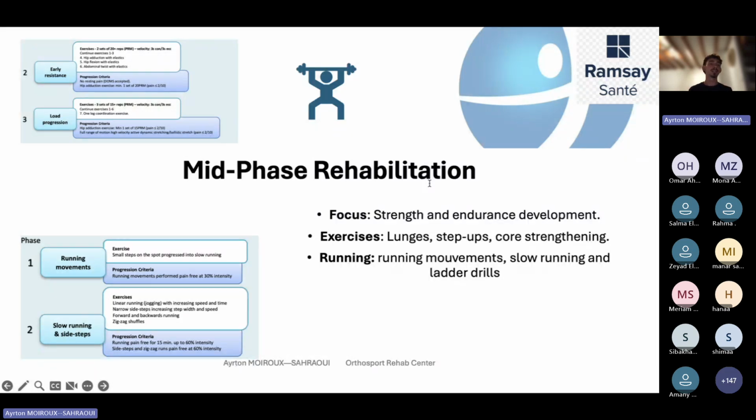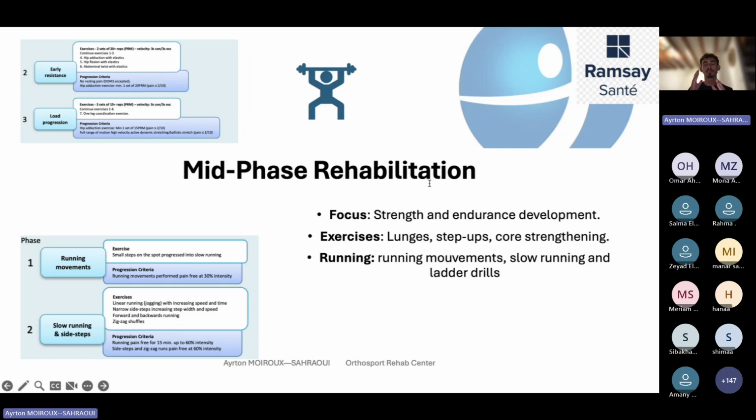You can't do it with zero resistance. That's not possible. Okay, during a football game, for example, there will be changes of direction at something like 30 kilometers per hour. Okay, the stress on the adductor muscles is much bigger than what you can do in your rehabilitation.